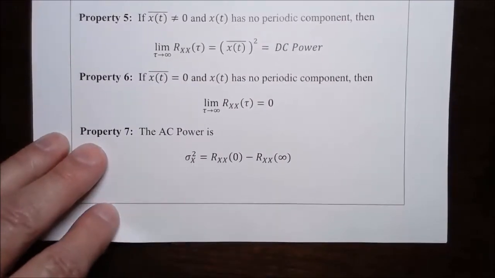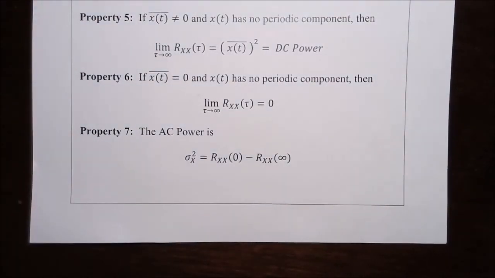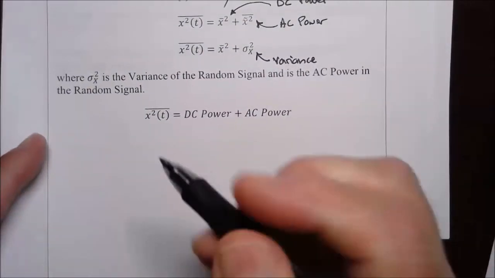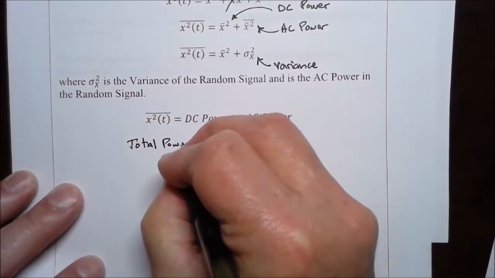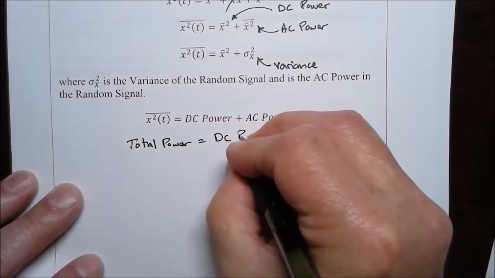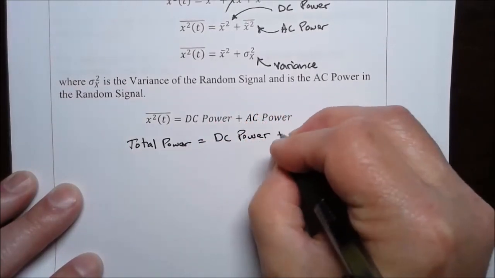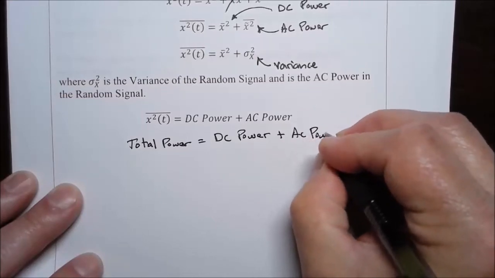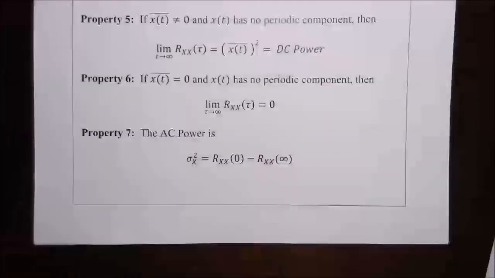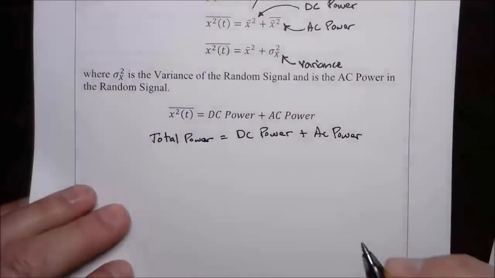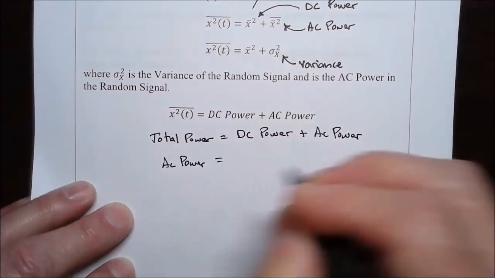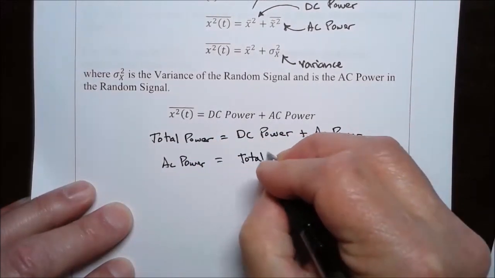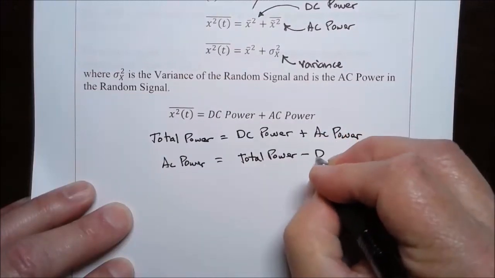And using the result we worked out not too long ago, that the total power is equal to the DC power plus the AC power, that's going to make the AC power equal to the total power minus the DC power.